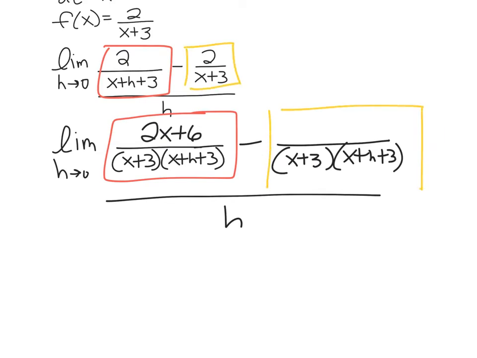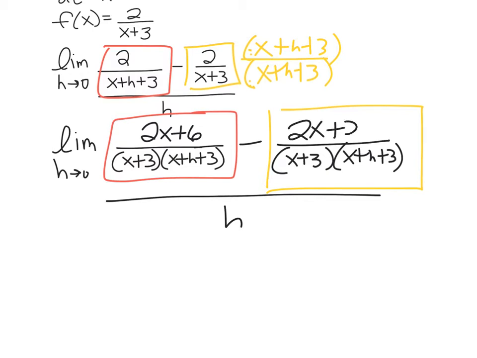It needs to equal this, so I'm going to multiply top and bottom of this one by x plus h plus 3, right? To get a common denominator. Do you see what I'm doing here? Top and bottom by x plus h plus 3. So I end up with 2x plus 2h plus 6.